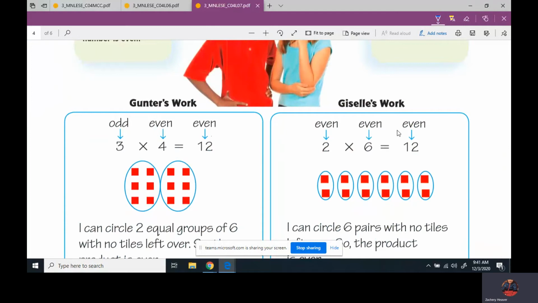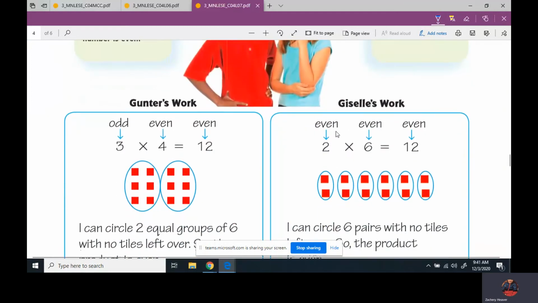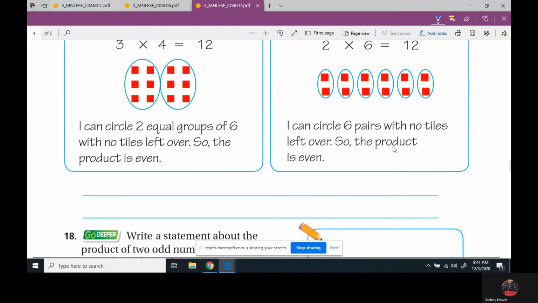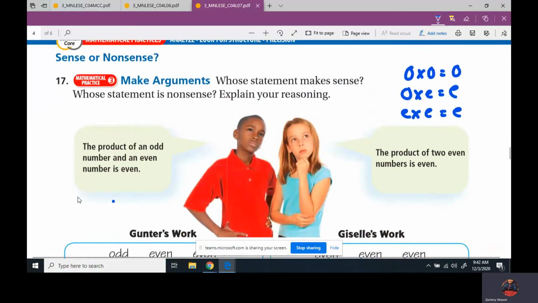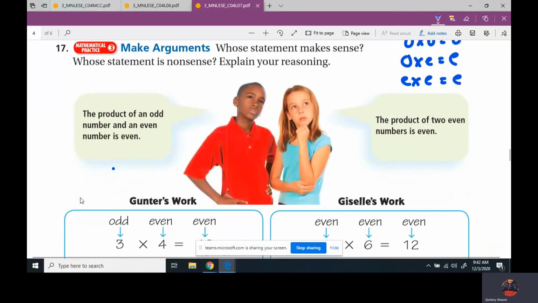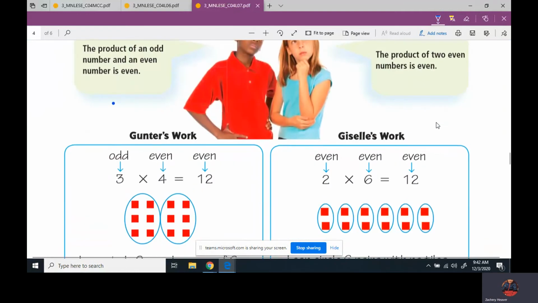Does that make 12? Yes. And Giselle says the product of two even numbers, even times even, is even. So really, whose statement is nonsense? Explain whose makes sense and whose doesn't make sense.